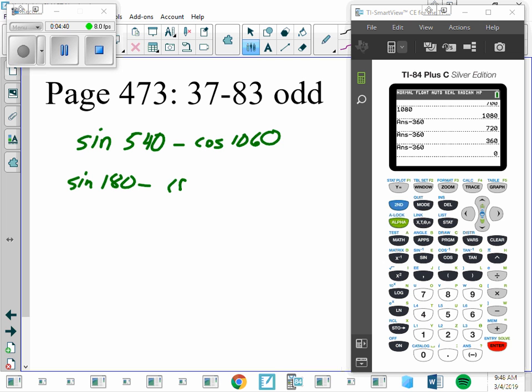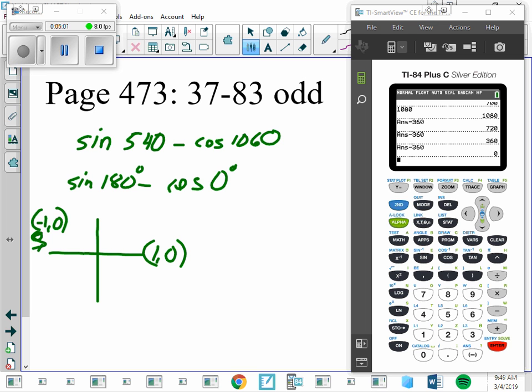So what I'm really asking is, what is the sine of 180 minus the cosine of 0? So we go to the unit circle. This is 1 comma 0, and this one is negative 1 comma 0. The sine of 180 is the y value at 180, which is 0, minus the cosine of 0, which is 1.